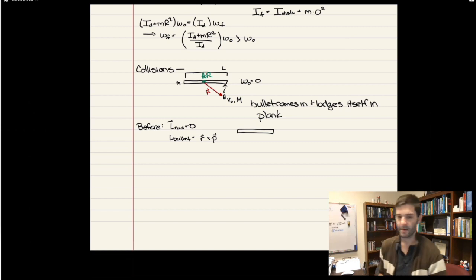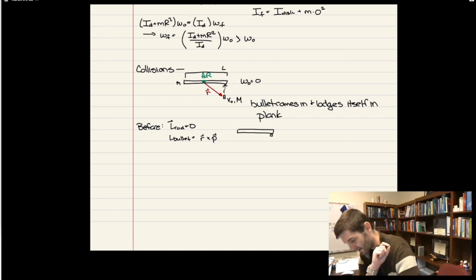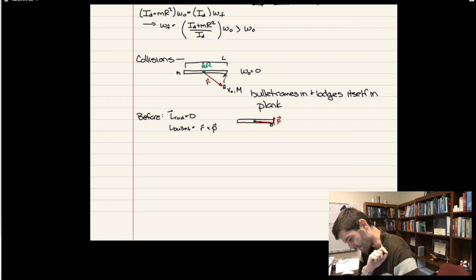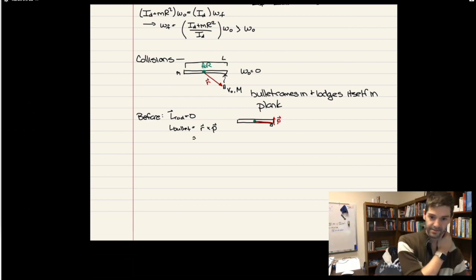Now I'm looking at immediately before the bullet lodges itself in. The drawing I made is not a very good one. When I say immediately before, I really mean when the bullet is right here. And this is the axis of rotation, so this is the moment arm. And then there is some momentum pointing straight up from the bullet.